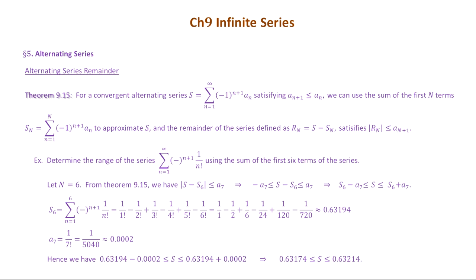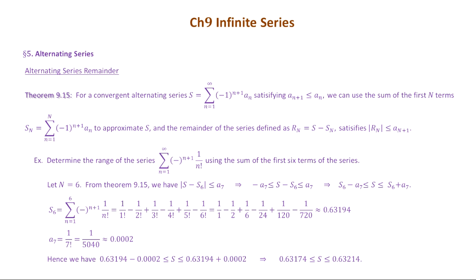Okay, so according to the theorem, if we use S6, the sum of the first 6 terms, to approximate the sum of the infinitely many terms, then the error, the absolute value of S minus S6, will be less than or equal to a7, the magnitude of the next term in this series. So we get this inequality, and we can write it as a compound inequality.